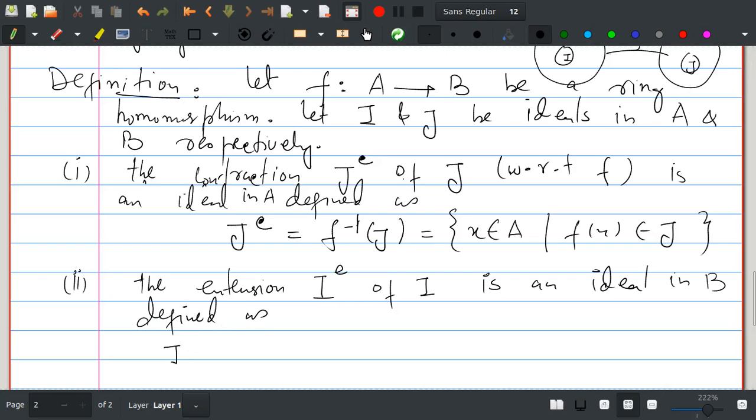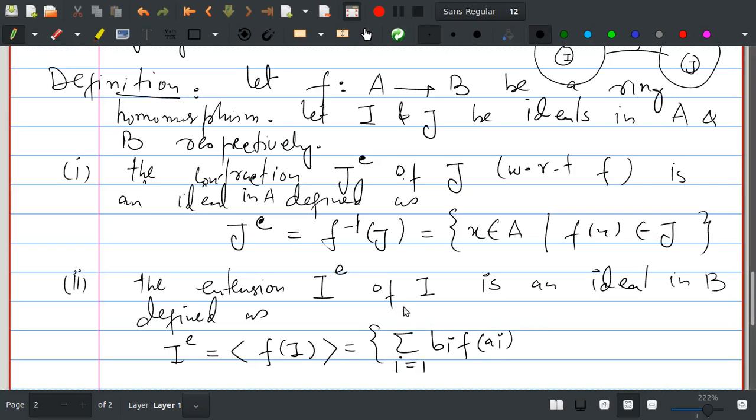So this I to the E is defined as the ideal generated by the image of I. Which is the same as all finite sums of b_i times f of a_i, where this sum is a finite sum. Otherwise, if this is an infinite sum, this won't make any sense.